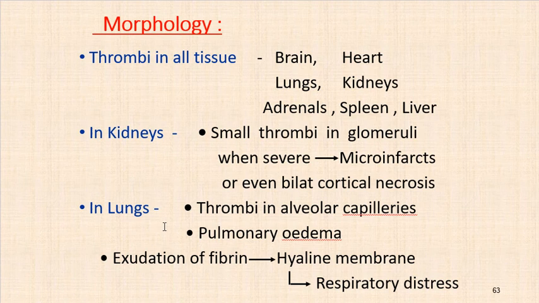And exudation of fibrin leads to hyaline membrane formation on the alveoli, which definitely will lead to respiratory distress. So the morphology of the disease, that is the signs and symptoms and presentation, is according to the involvement of the organs, the tissues, and the severity of the abnormality.